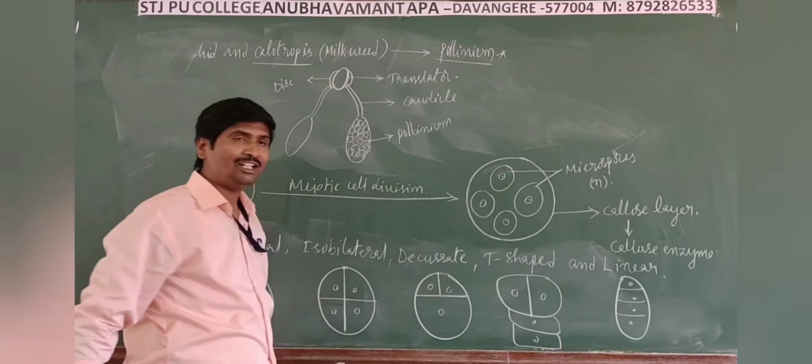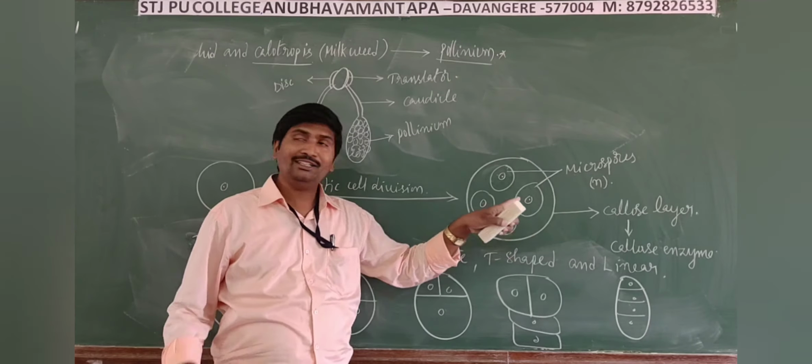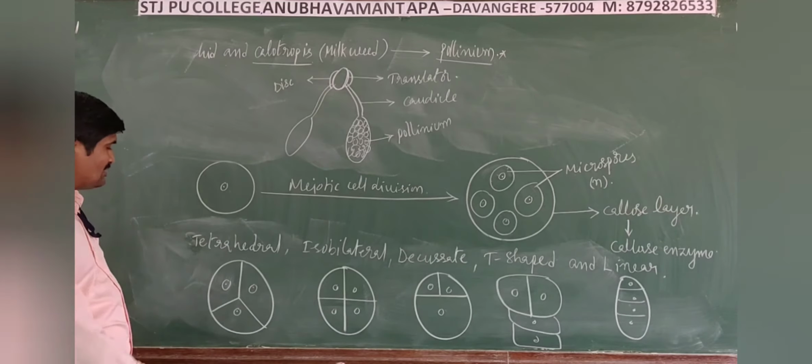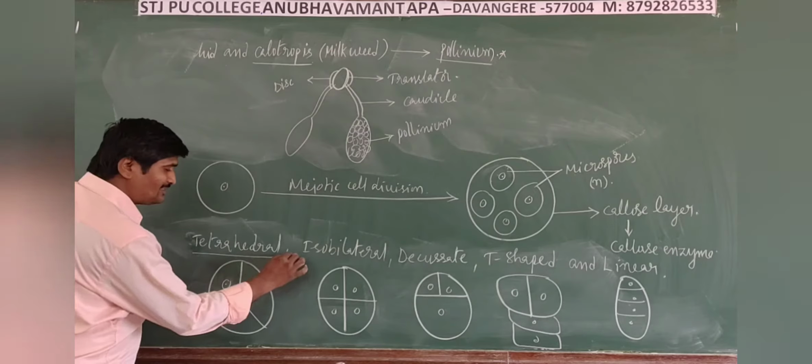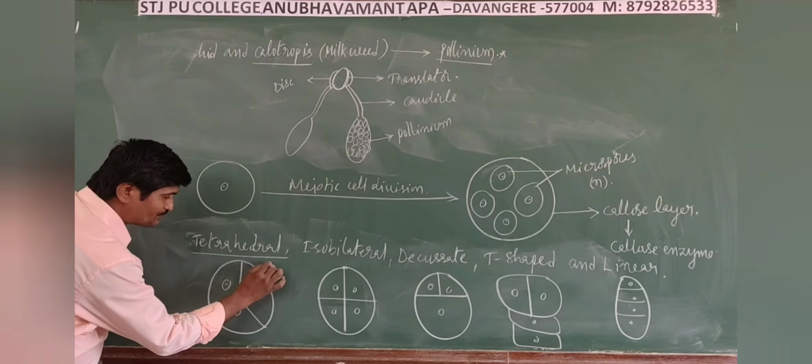These are the 5 types in which the microspores are arranged in a tetrad. Of these 5 types, the most common type is the tetrahedral. It is found in dicots.